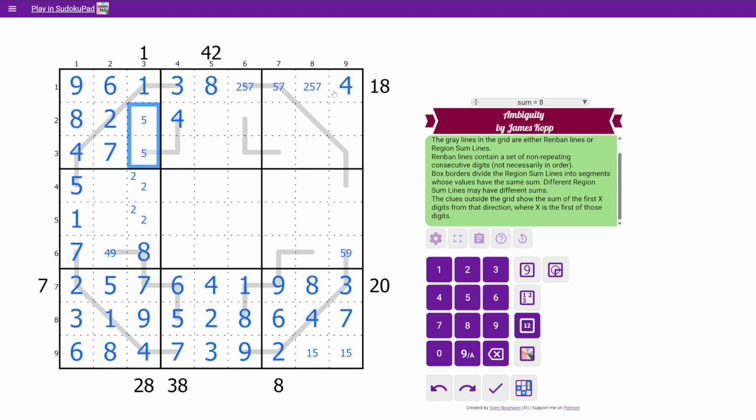The 5 goes up here, likely this being a rin band. If this what? Nope, it cannot be actually. Oh, no, yeah, it can't. This cannot be a 5. Oh wait, this could be a 1 though. I have to remember they can be either one.